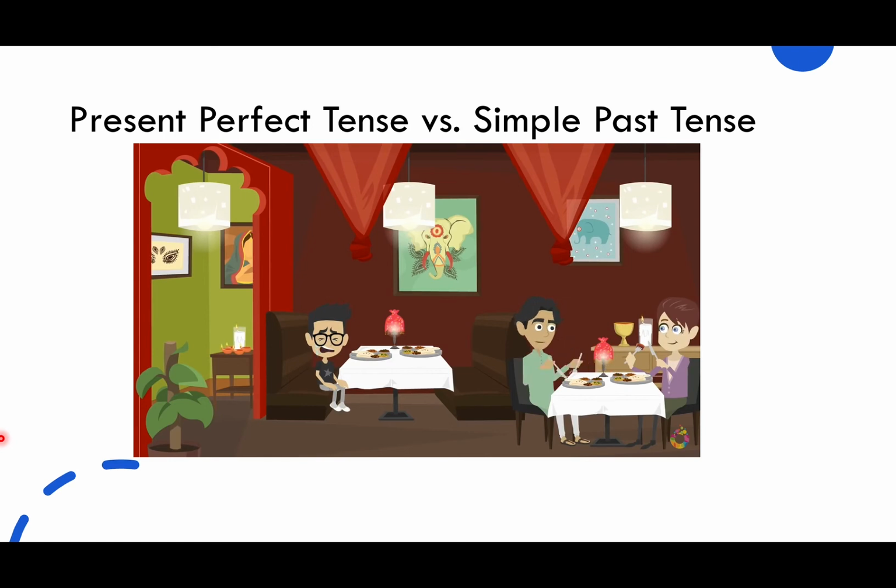For example, for an hour, for 2 days, for the last 10 years. And we use since for a starting point of time. For example, since last night, since 3 months ago, since the 1980s.